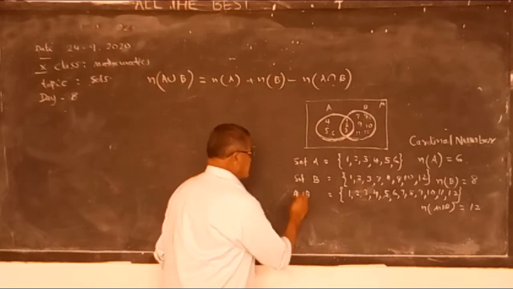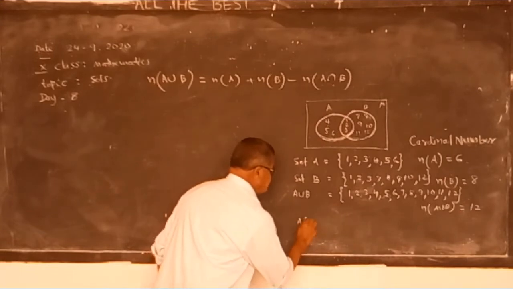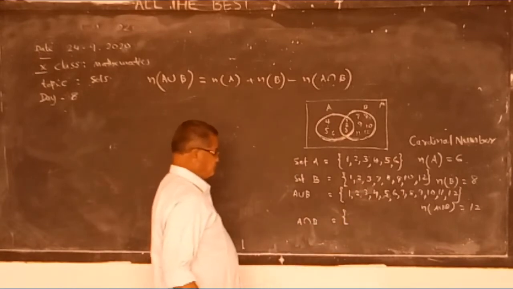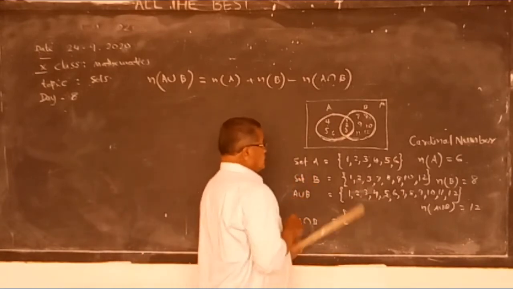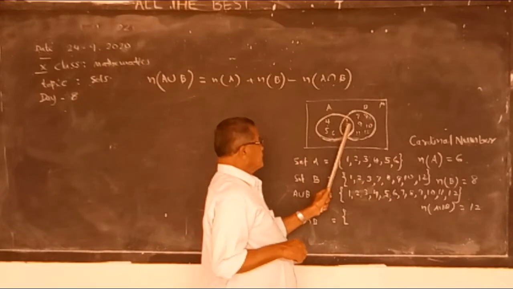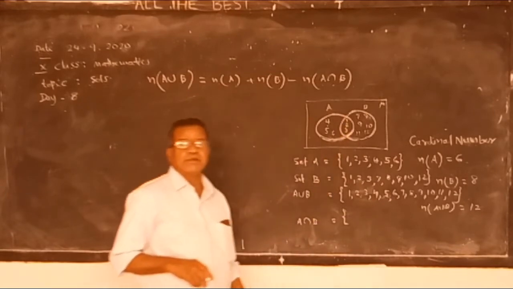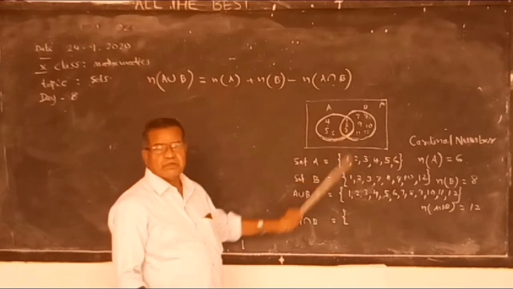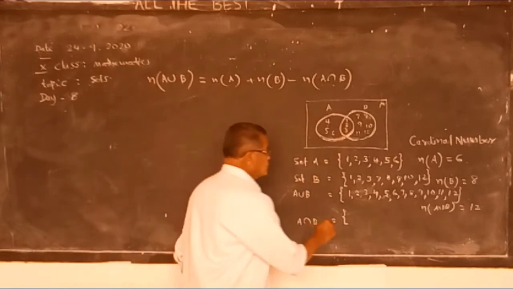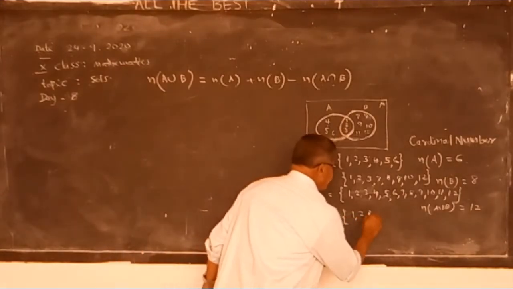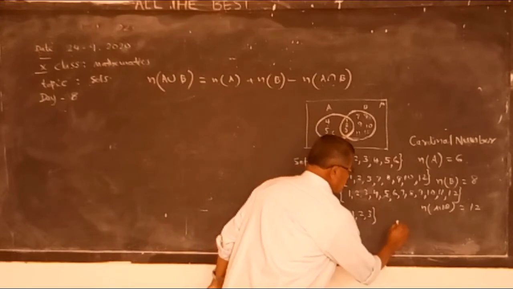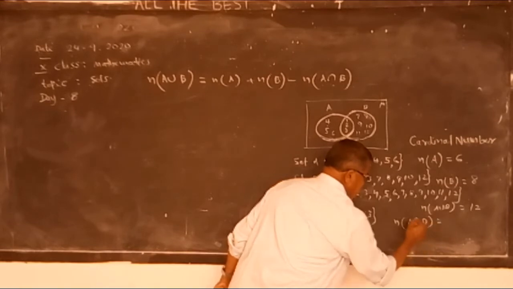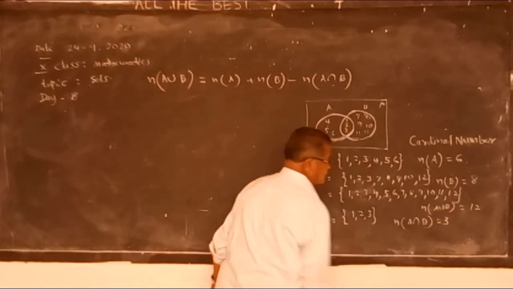And the next operation, intersection. In intersection, only common elements, right? Here 1, 2, 3. So the cardinal number of A intersection B is 3.